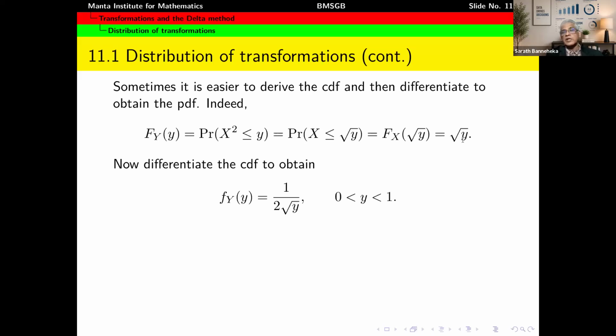If simple y is greater than 1, then in that case, the cumulative distribution function is equal to 1. Right. So if you want, you can get the density function through this also. This is the second part that I mentioned. So by differentiating this one with respect to y, you can get the density function that we got earlier using the formula directly.